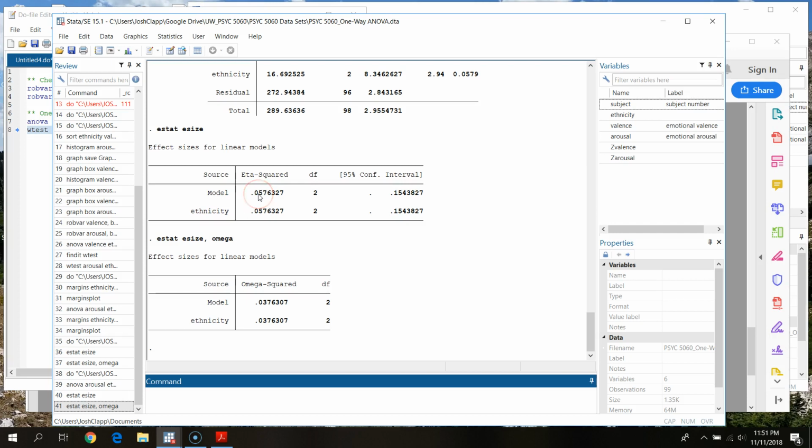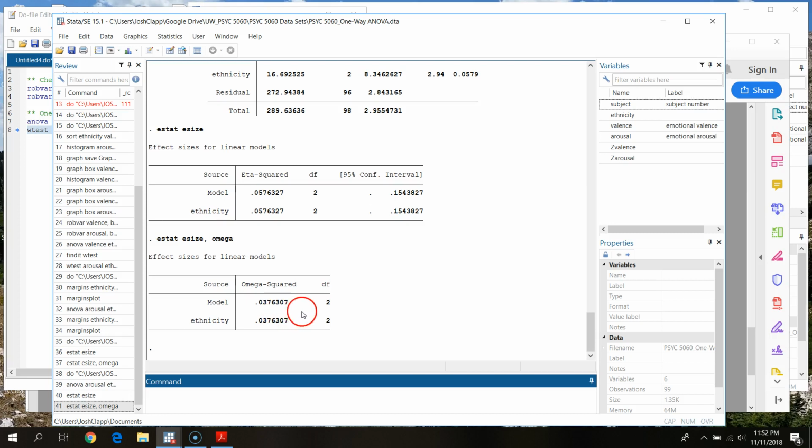So for our descriptives for these statistics, our eta squared is 0.058, suggesting that about 5.8% of the variability in arousal ratings in these data can be attributable to group level differences, with a lower estimate of 0 and an upper estimate of about 15.4% of the variability.